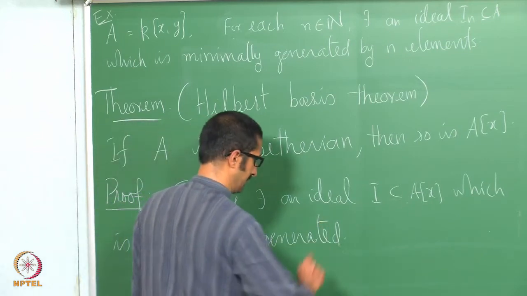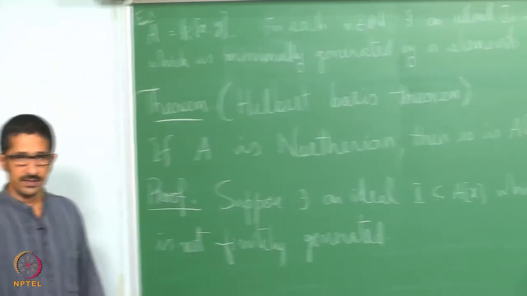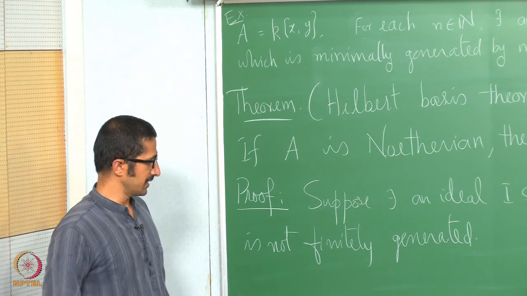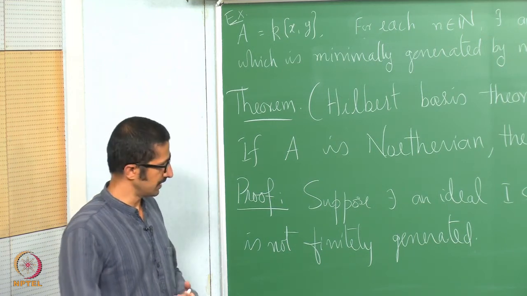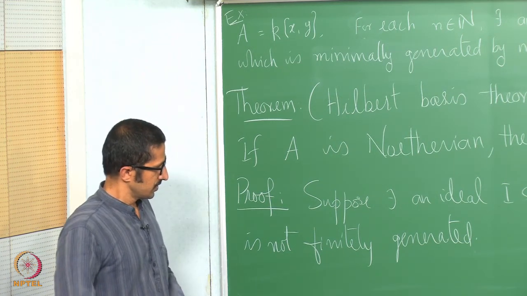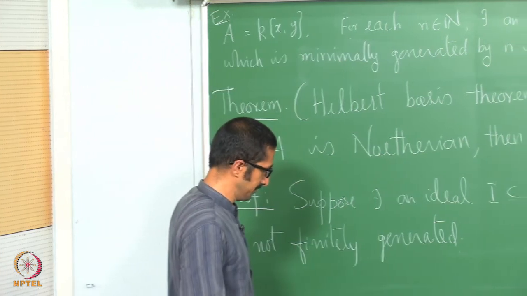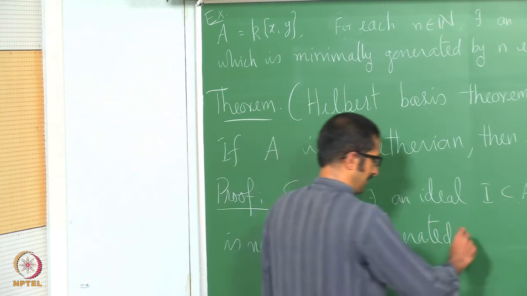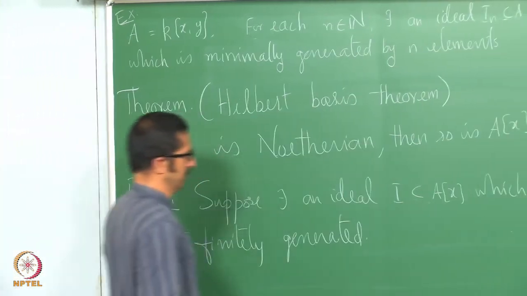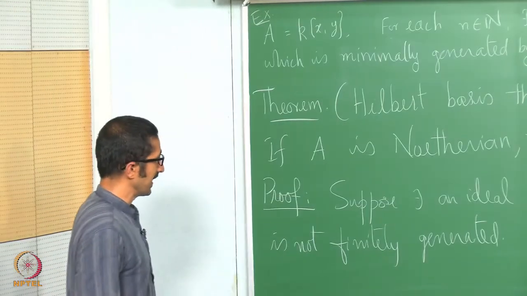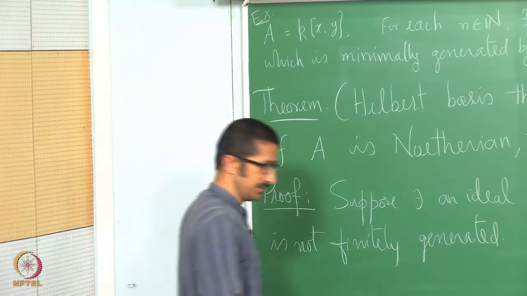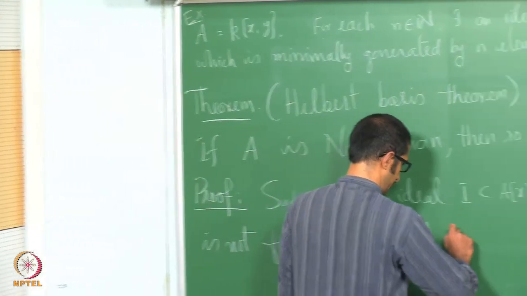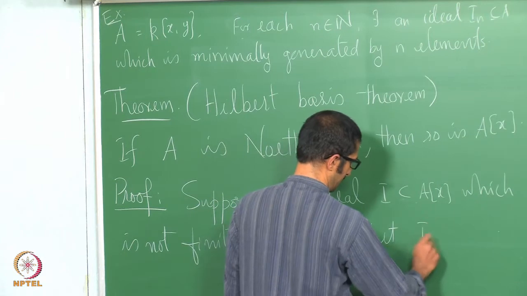We want to arrive at a contradiction. So, what we do is, we want to make use of the fact that A is Noetherian.